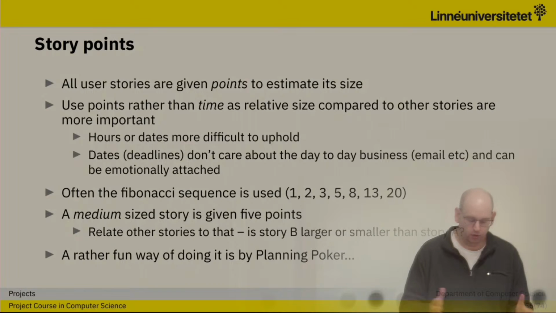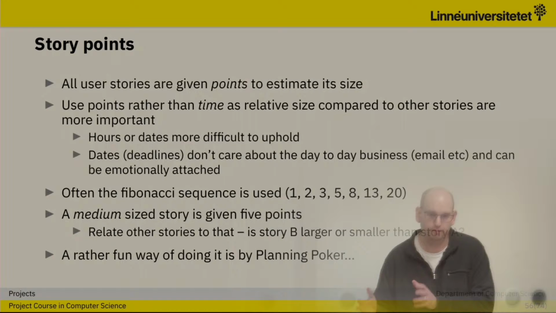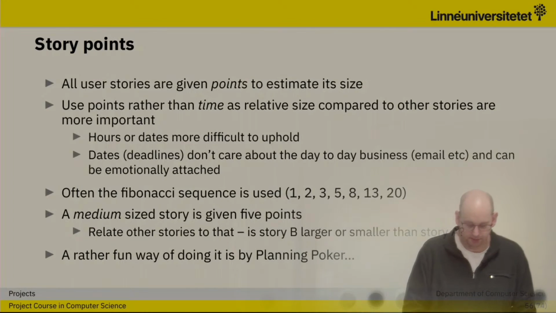So we basically want to know that this is something that is larger than this. And we can do that by planning poker, for example. You can look that up if you like.